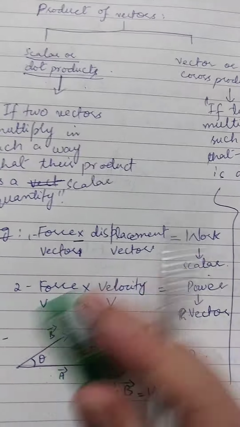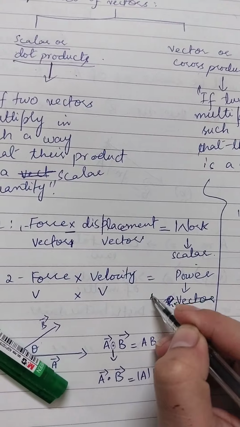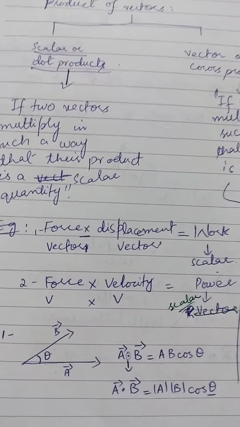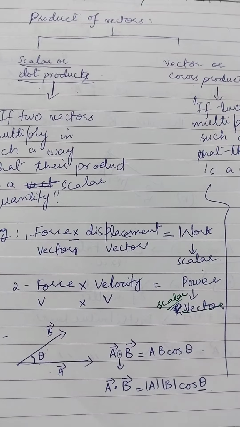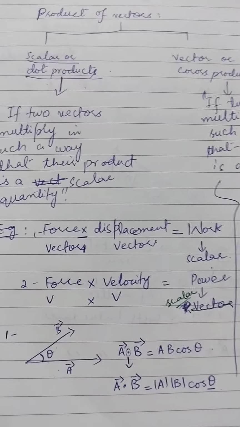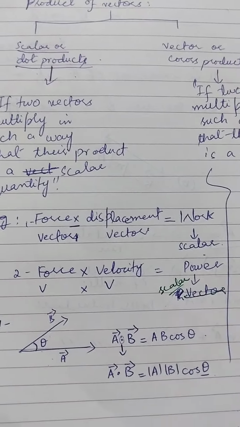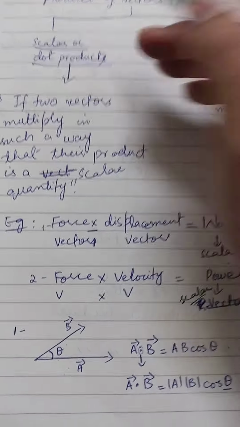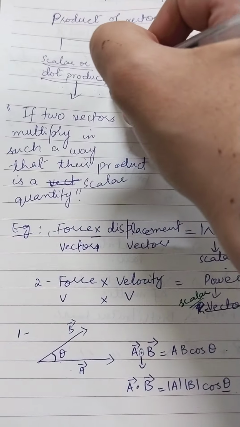Power is a scalar quantity. So when force is a vector and velocity is a vector, and both vectors multiply in such a way that their answer is a scalar, then it is said to be your scalar or dot product.